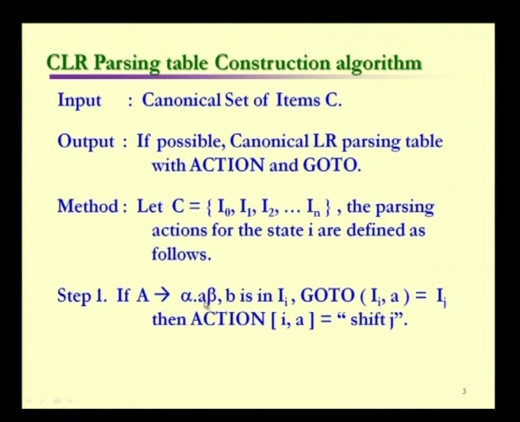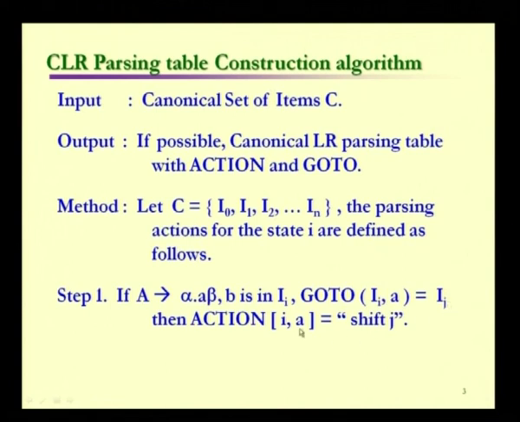We should know the state we have to land up in after shifting, or the state from where we continue the rest of the parsing process. For that we consult the output of goto of Ii comma a, where Ii is the state in which the item A derives alpha dot a beta is present, and a is the terminal immediately following the dot, and assume that it goes to a state called Ij.